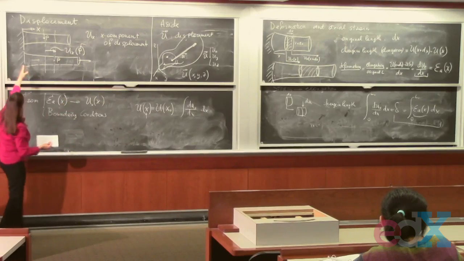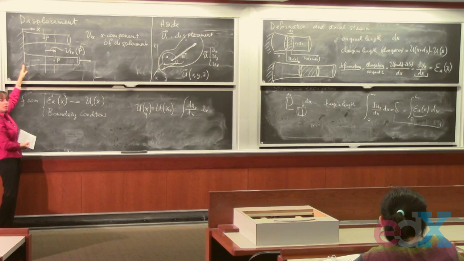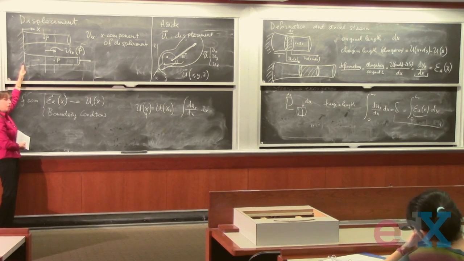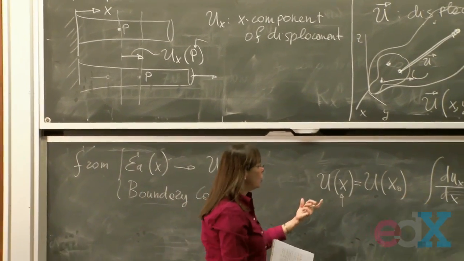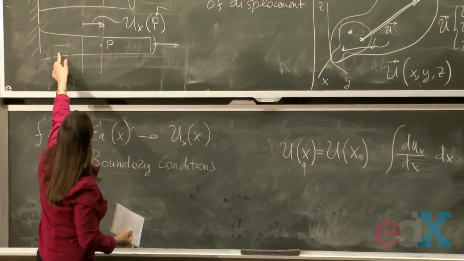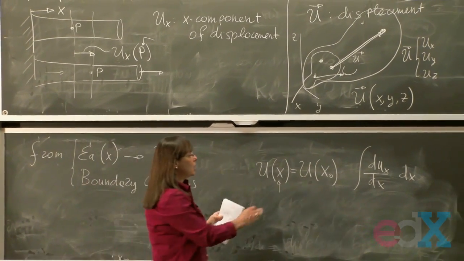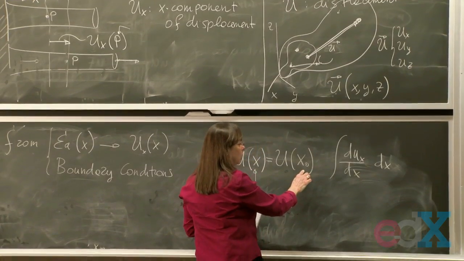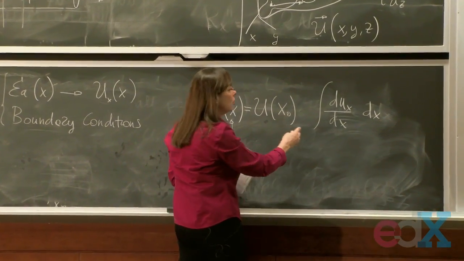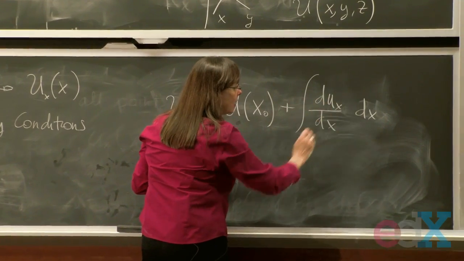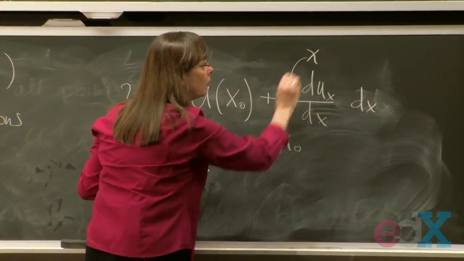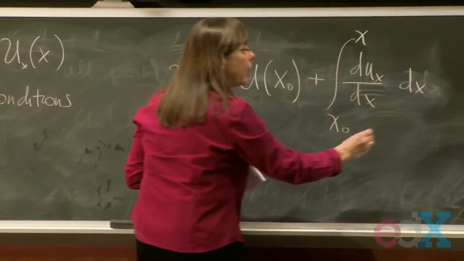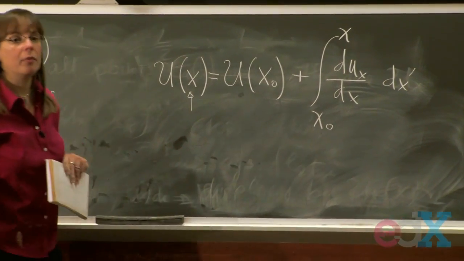How much is the displacement here at the wall? 0. The wall is where you know what's going on. You know that the displacement at the wall is 0. So you can say that the displacement at every point in the bar is equal to the displacement at some point where you know things, typically the wall where it's 0, plus you integrate the derivative from where you know things to where you want them. Because you're integrating, this must be your variable dx prime.